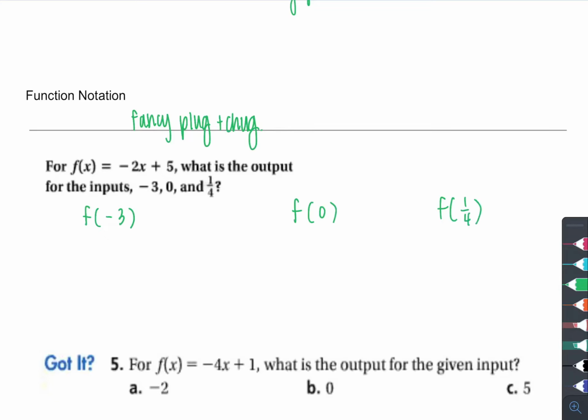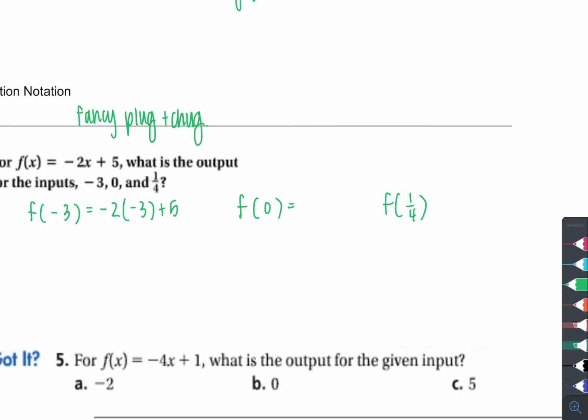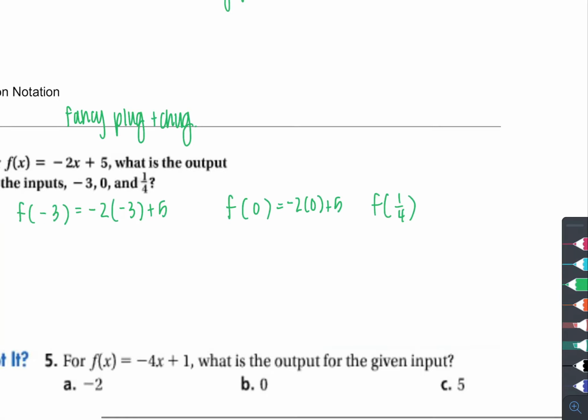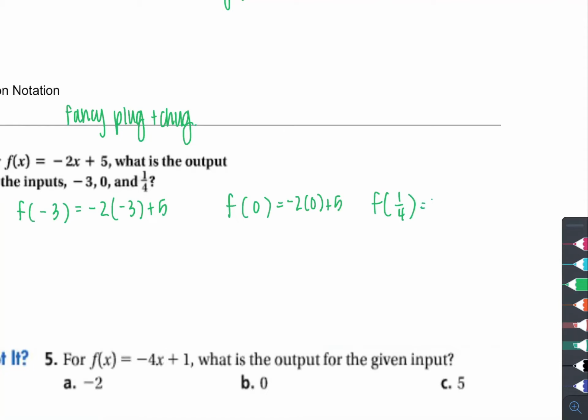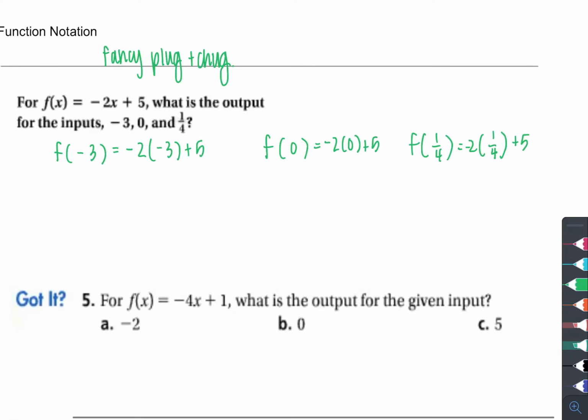So what we're doing is we're plugging those values in to this equation. So this would be -2 times -3 plus 5. F of 0 would be -2 times 0 plus 5. And f of 1/4 would be -2 times 1/4 plus 5. So go ahead and solve each of those.